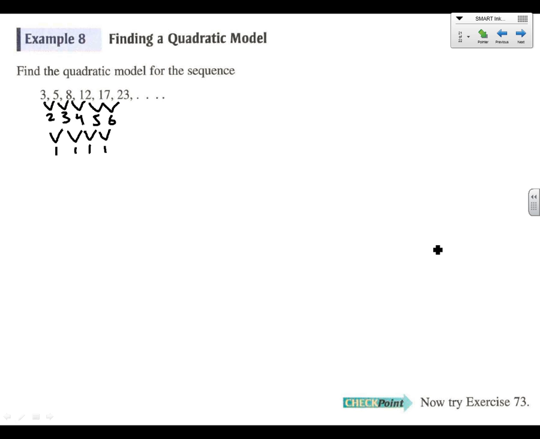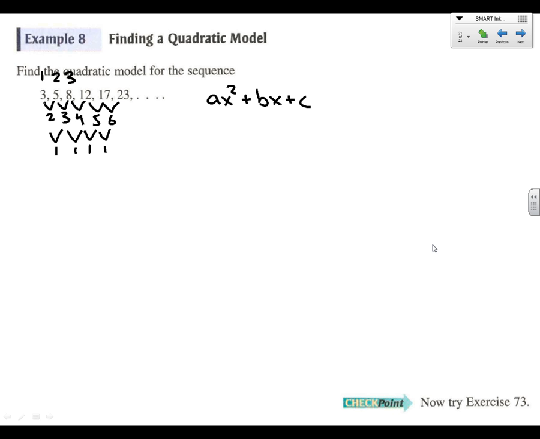So we know that, let's see, what do we got here? We write it in the best way that makes sense. We know that we've got ax squared plus bx plus c is our quadratic model, right? Okay, but we do have in here, the first term is 3, the second term is 5, the third term is 8. We've got enough here to figure out what a, b, and c are.